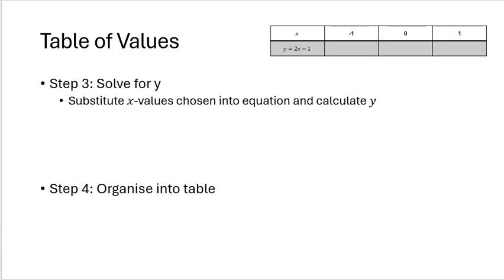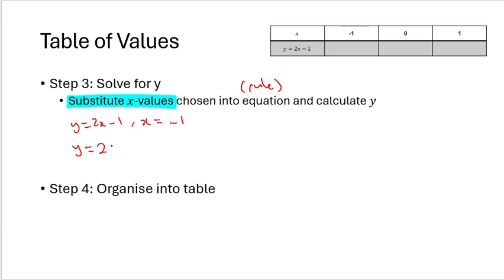Step 3 is solve for y. What am I going to do? Substitute x values into my equation or my rule, whatever you want to call it, and then calculate for y. So I know my rule is y equals 2x minus 1. Let's just try substituting in x equals -1.